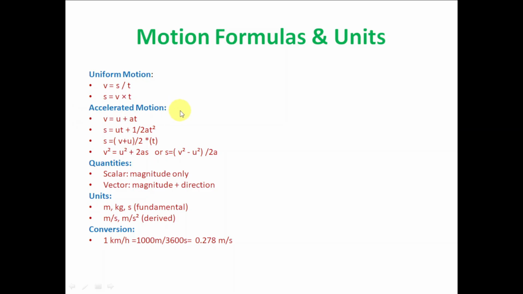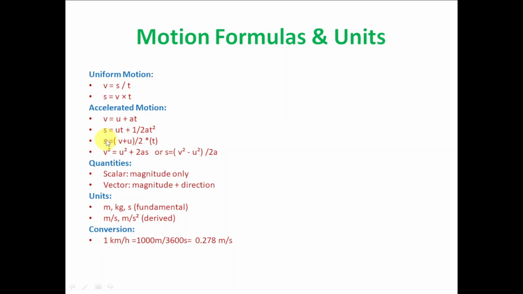Whereas for accelerated motion, v final is equal to u plus a times t, where u is the initial speed, a is acceleration and t is time. The other formula you might use is s, the distance, equal to initial speed times time plus half times acceleration times time squared.